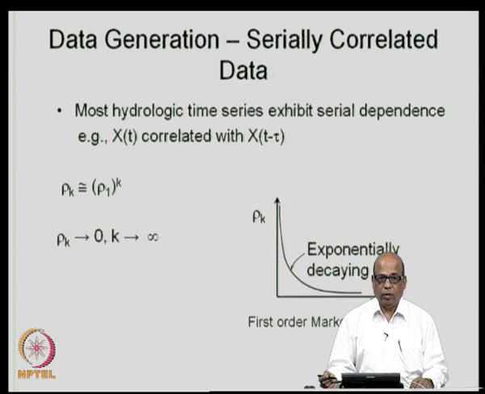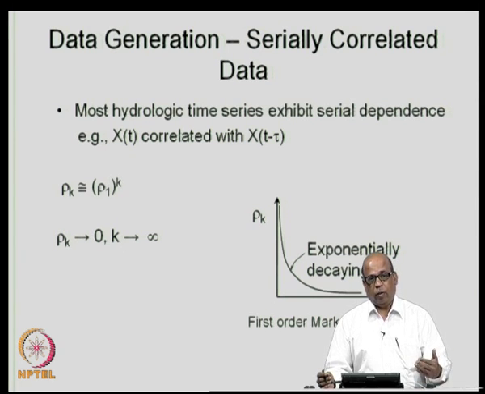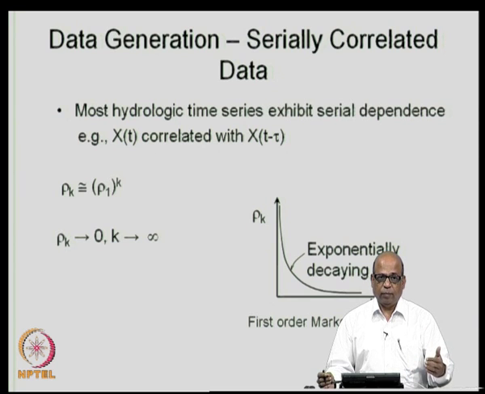As I just mentioned, if you are looking at the stream flow during a particular month, let us say stream flow during August, this is serially correlated with what has happened during the month of July, not only July, but also on what has happened in June, also on what has happened during August of the previous year, or July of the previous year, and so on.